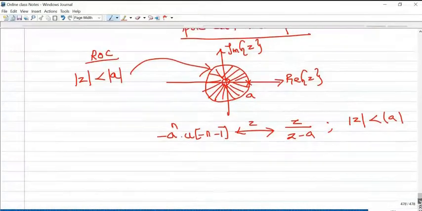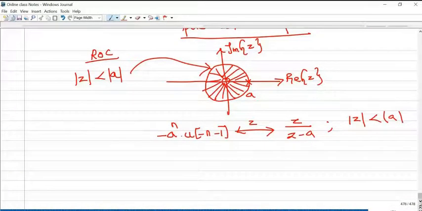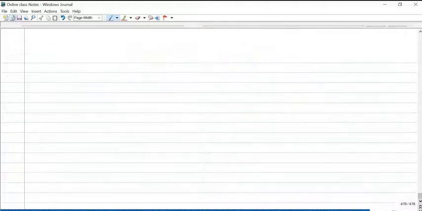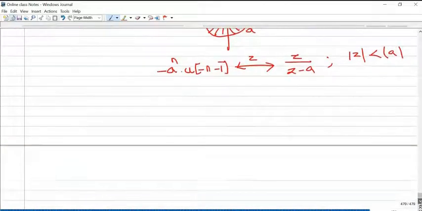Understand? Okay. Then another concept we studied in Laplace transform. If more than one causal signal is given, then what about the region of convergence? In Laplace, the region of convergence is right side of the rightmost pole. Here, if more than one causal signal is given, then ROC is outside of the outermost circle. If more than one non-causal signal is given, then the region of convergence is inside of the innermost circle.